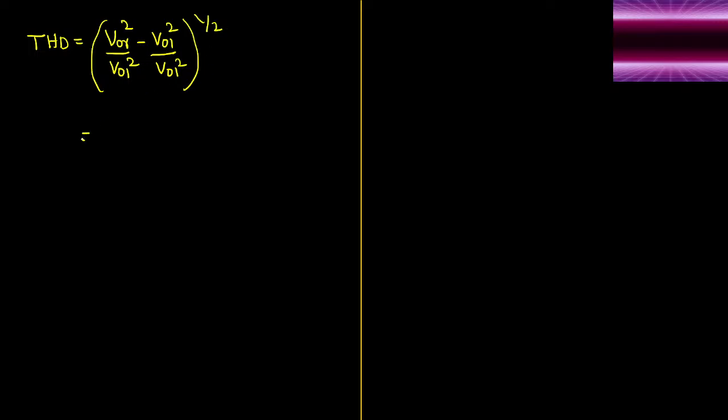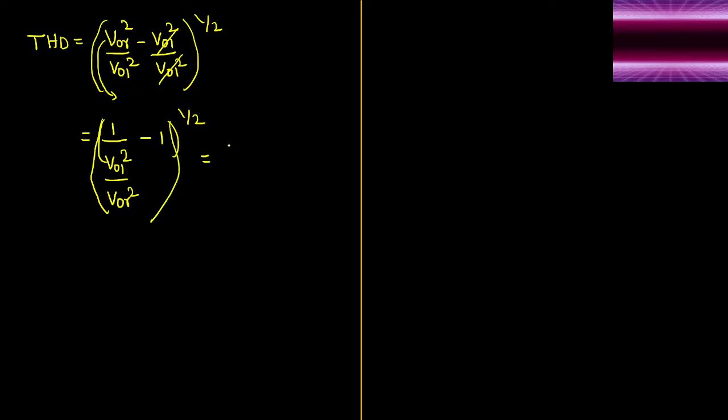Now I am bringing V0R square to the denominator of the denominator. This can be written as 1 upon V01 square upon V0R square minus 1, these things will get cancelled out. All terms lie under root, whole term. You can write the bracket like this, it will be much better.